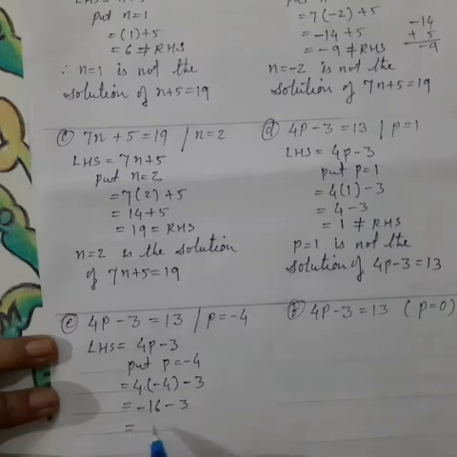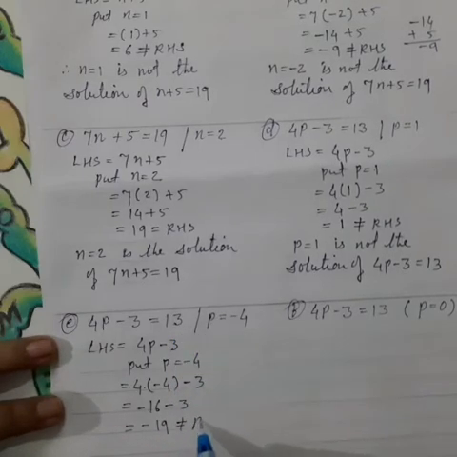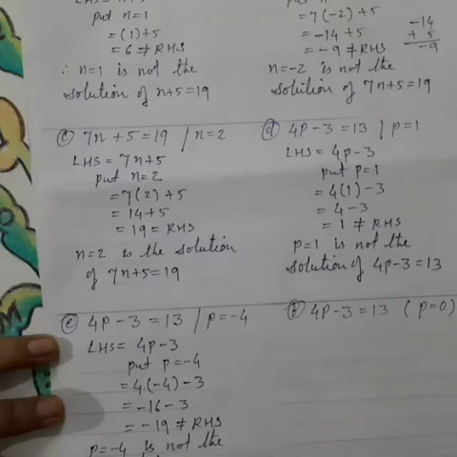Minus 16 minus 3 is minus 19. But our right hand side is 13. So it is not equal to right hand side. So again no. p equal to minus 4 is not the solution of this, 4p minus 3 equal to 13.